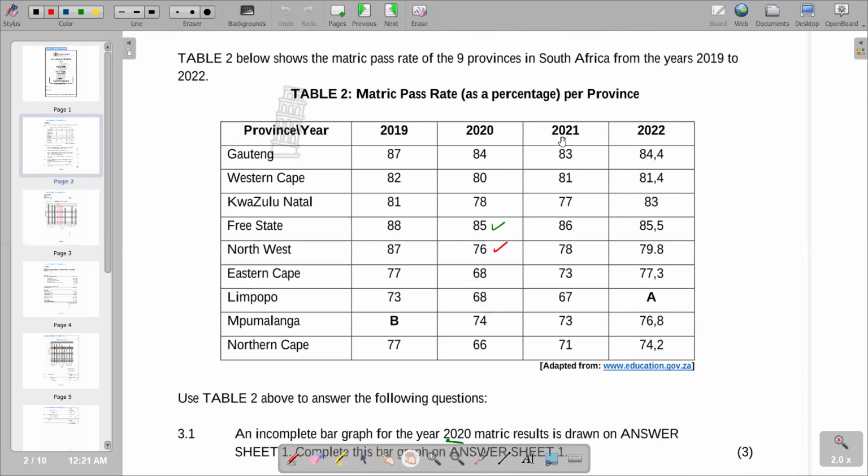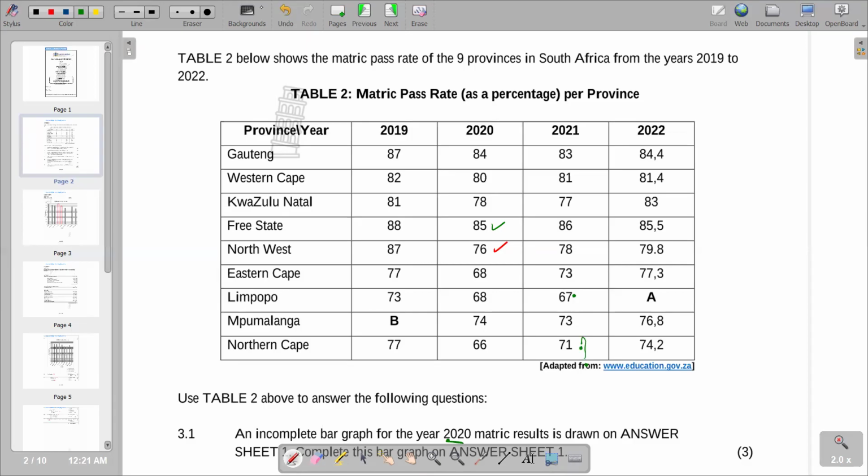We start with the lowest that we have in 2021, which is 67. Then you have to check which one is just above 67 to be the second lowest. We have our 71, which is representing Northern Cape. So that's what we have.